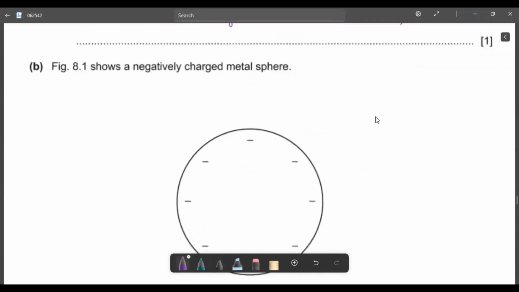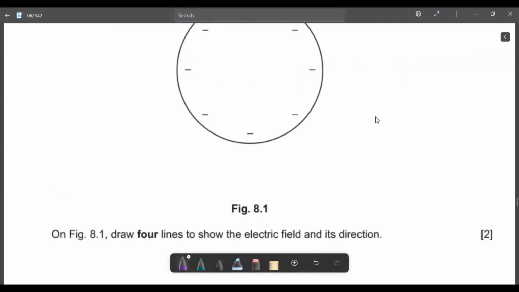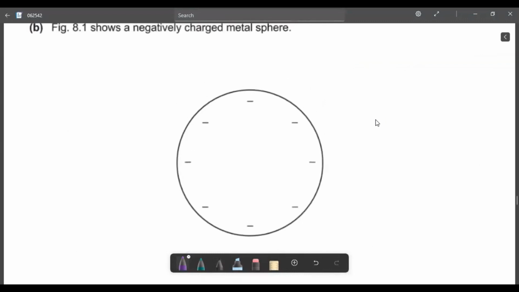The figure shows a negatively charged metal sphere. Draw 4 lines to show the electric field and its direction. So it is negatively charged. So 4 lines equally spaced we will draw. One at this point, here, here. 4 straight lines we can draw.